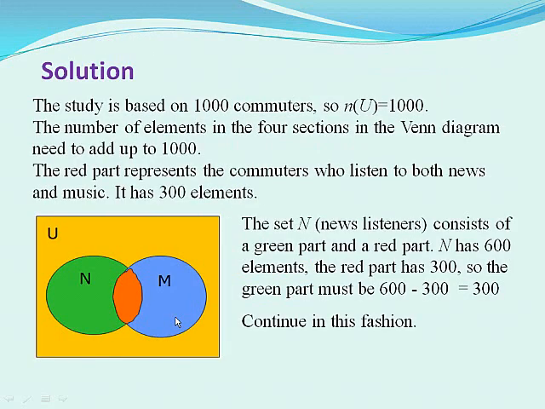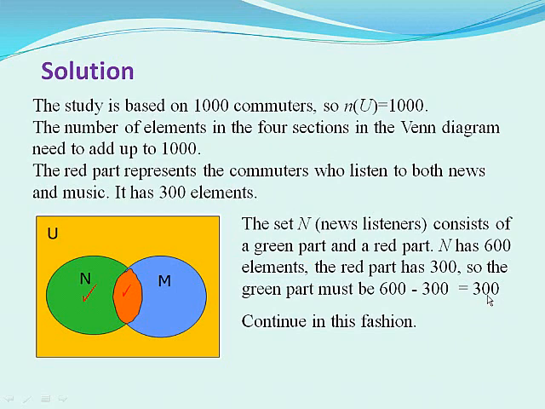Here is the solution. We use the Venn diagram. The set N consists of the green part and a red part. N has 600 elements and the red part has 300 members, so the green part must be 600 minus 300 equal to 300.